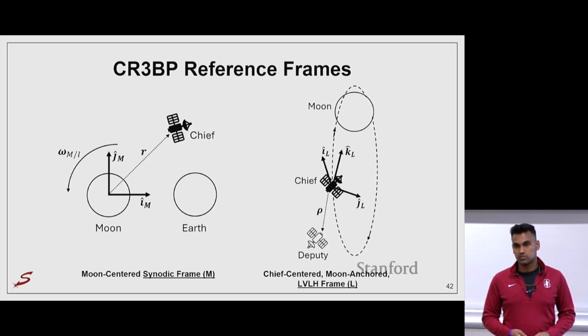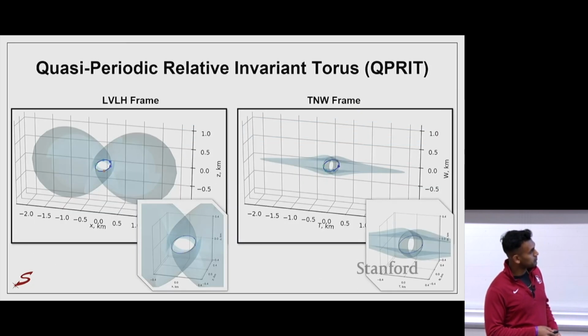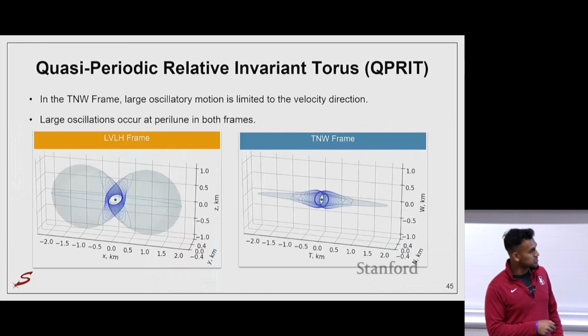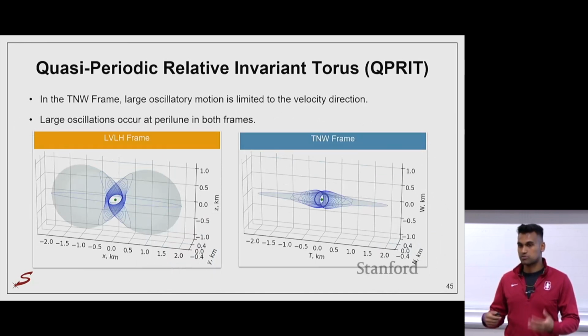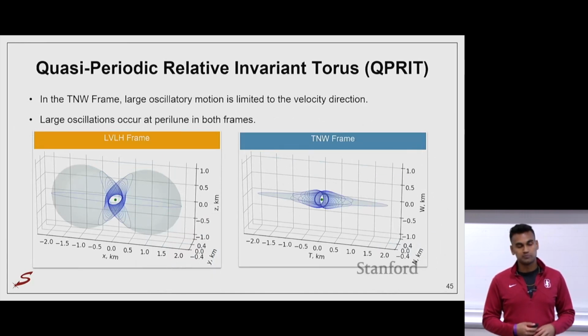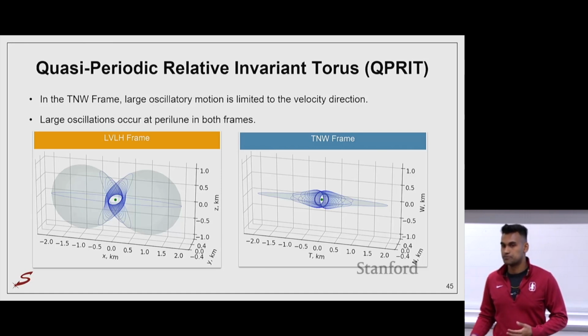That leads to the oscillations we see here, and it also makes the system harder to control in those regions.